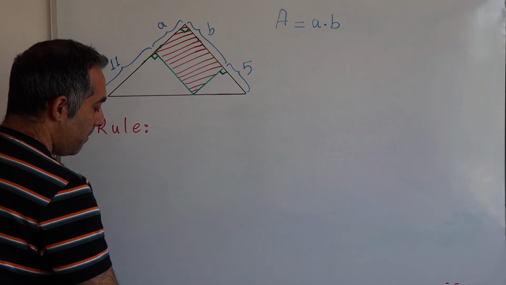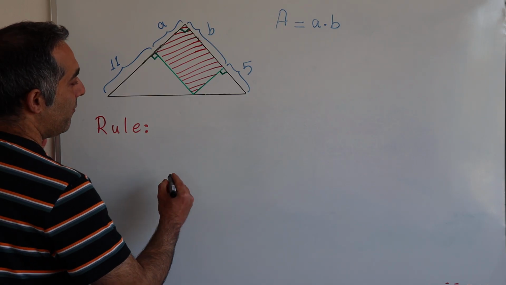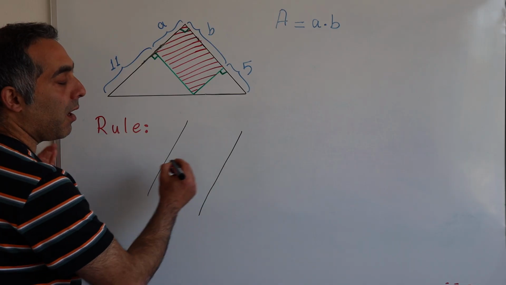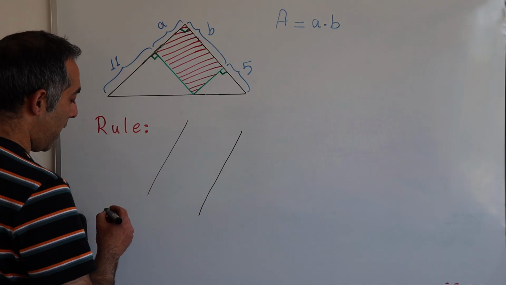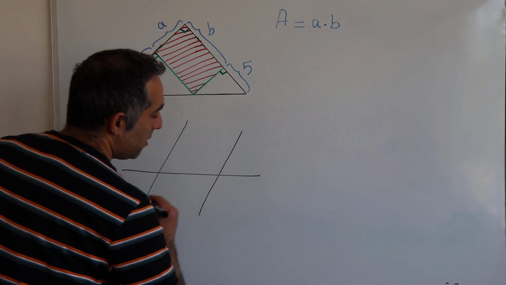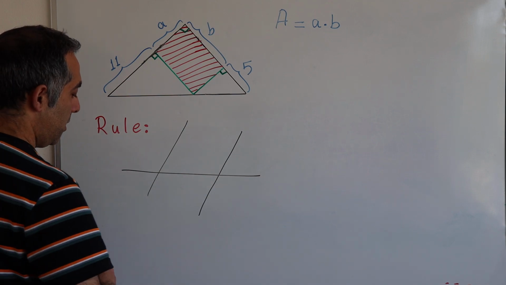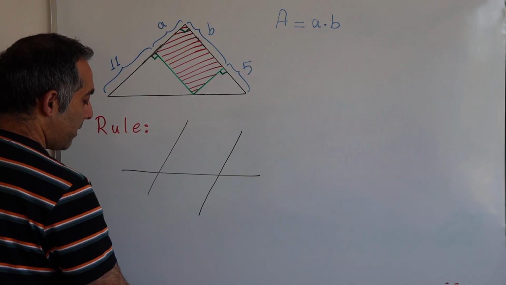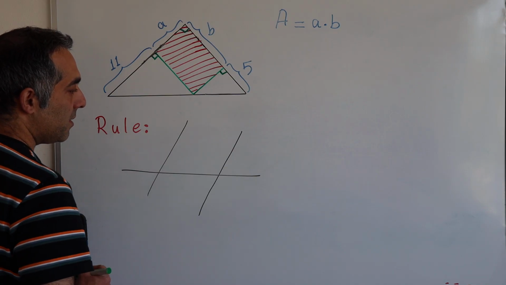You should know a very important rule in geometrical cases. In this rule, if you have two parallel lines, and another line crosses these parallel lines at the same time, then similar angles are the same.